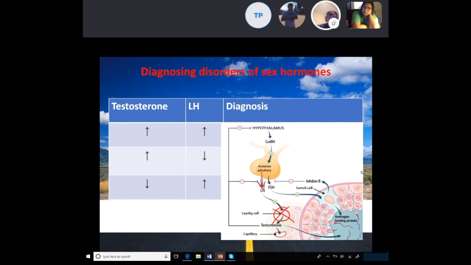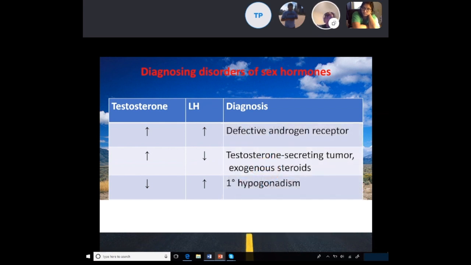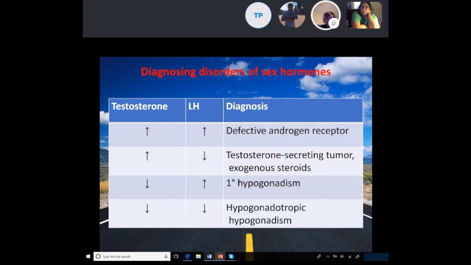So LH keeps churning out like crazy, but there's no testosterone production because the Leydig cells themselves are not able to get stimulated and do what they're supposed to do. So that is primary hypogonadism, and I'll come back to this one in a second here.